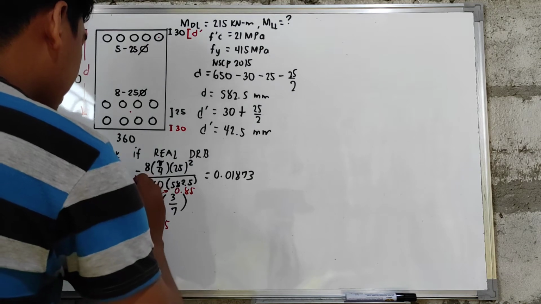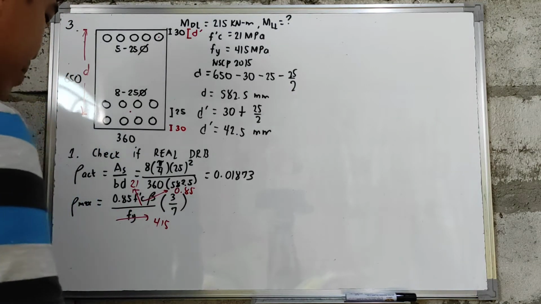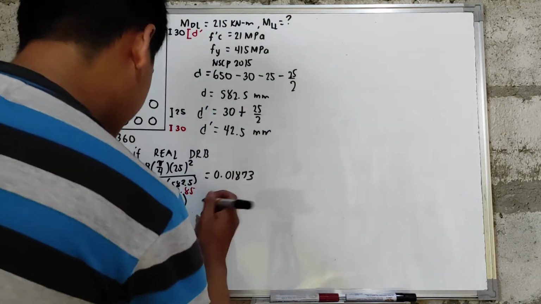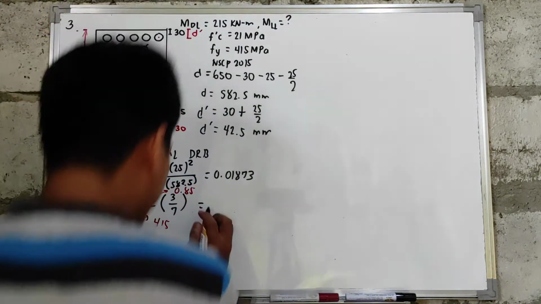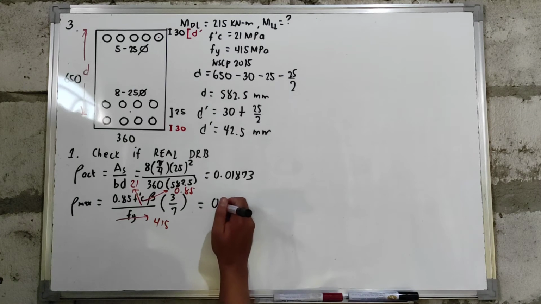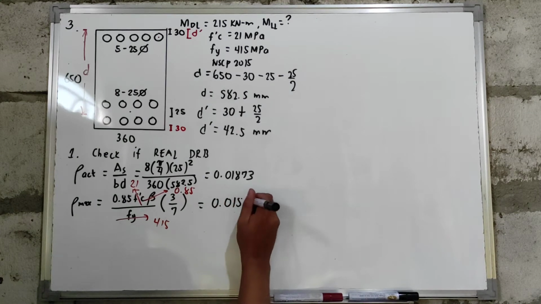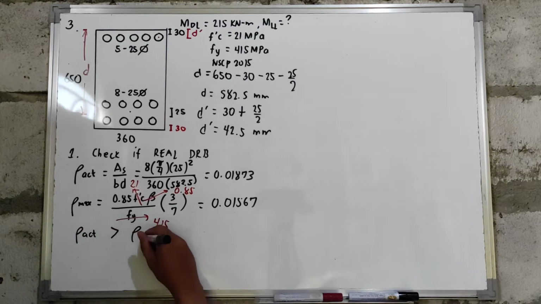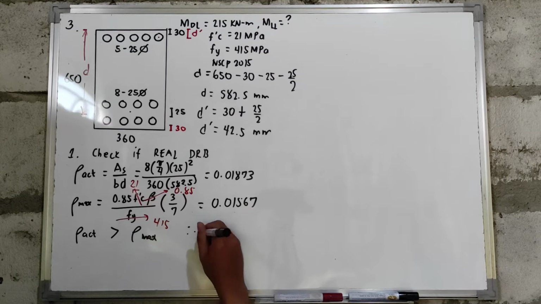Yung f'c naman natin that is 21 megapascal. Therefore, rho max is now equal to 0.01567. Since rho actual is greater than the value of your rho max, therefore, doubly reinforced beam tayo.